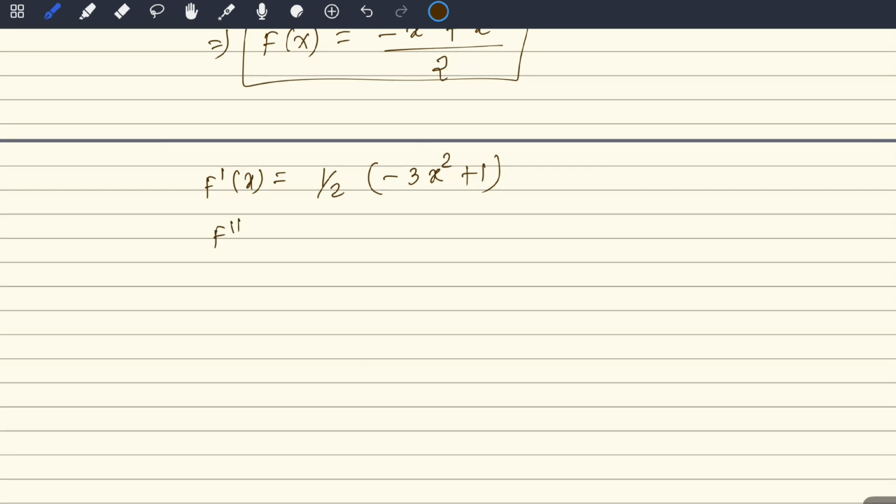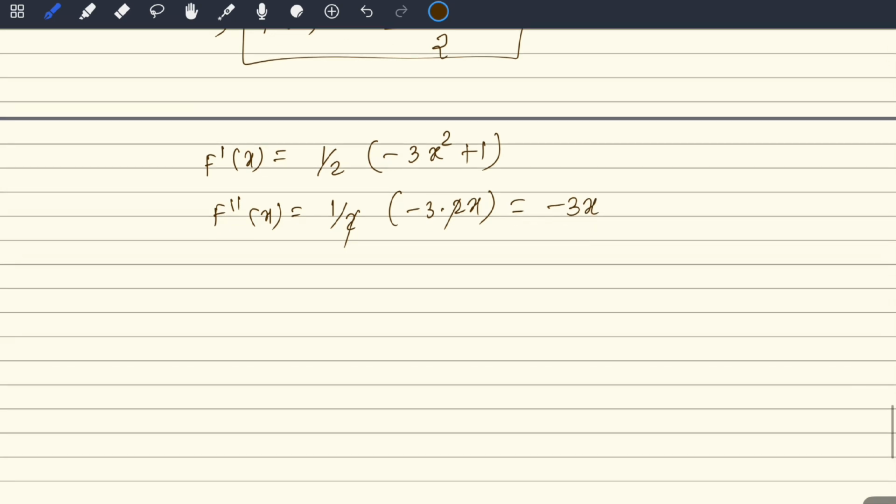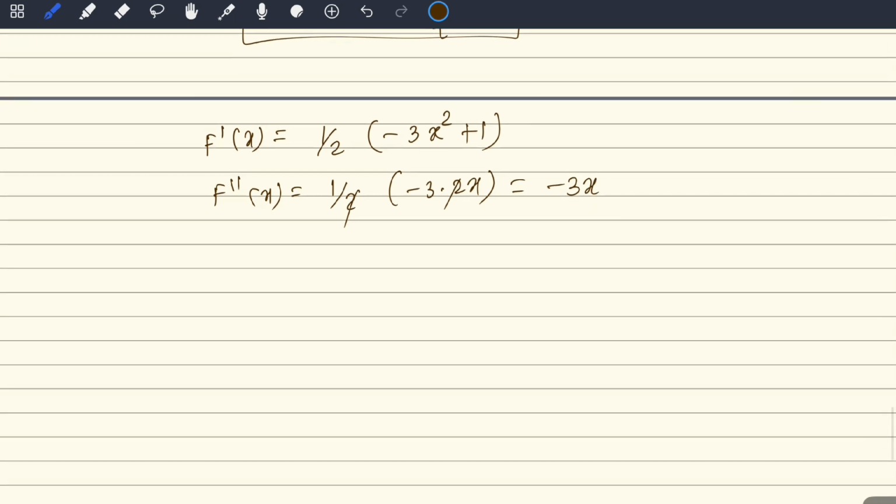What about f double dash x? F double dash x becomes, 1 by 2 is a constant, minus 3 is a constant, derivative of x square becomes 2x. So the 2 and 2 cancel, giving minus 3x, and the derivative of the constant is 0. In order to check maximum and minimum, you have to check f dash x is equal to 0, for the critical point.